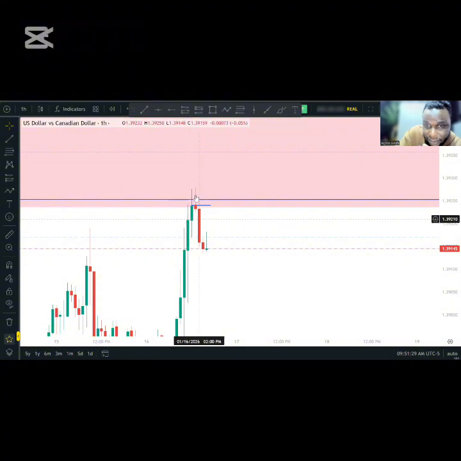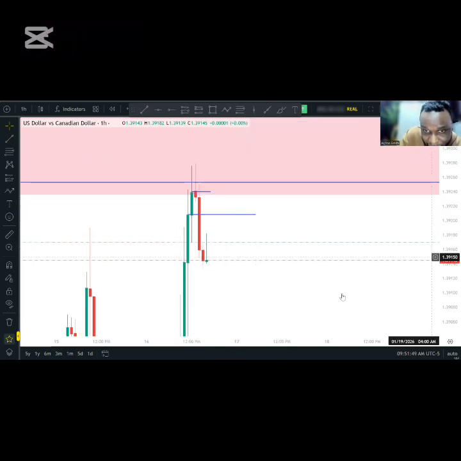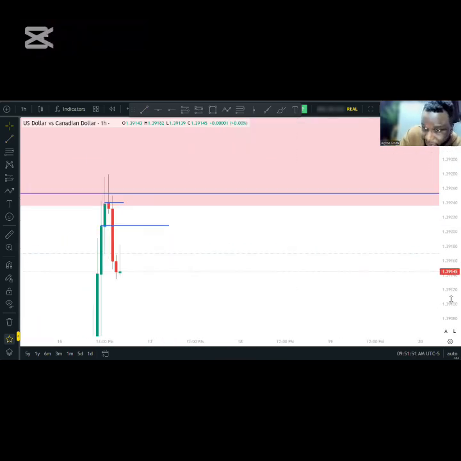So we have this OC level here as the closest key level to sell from if the market pulls back to this level. So once the market pulls back to this level, we're going to take in our sell.